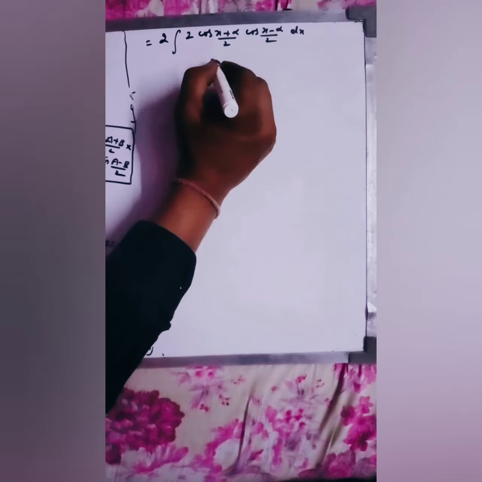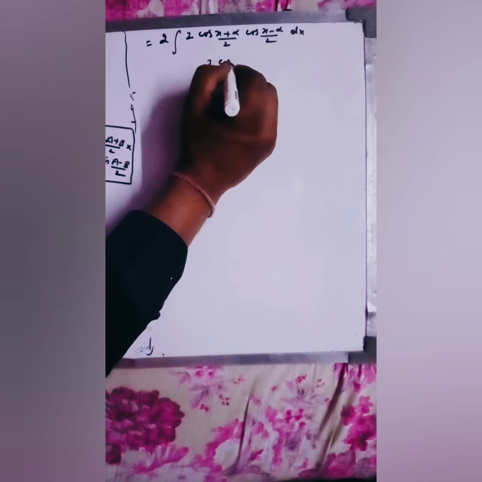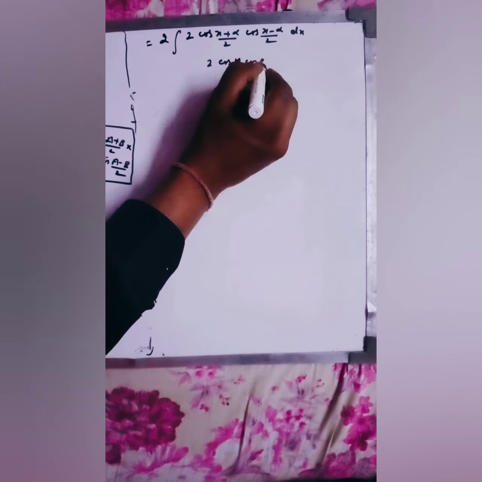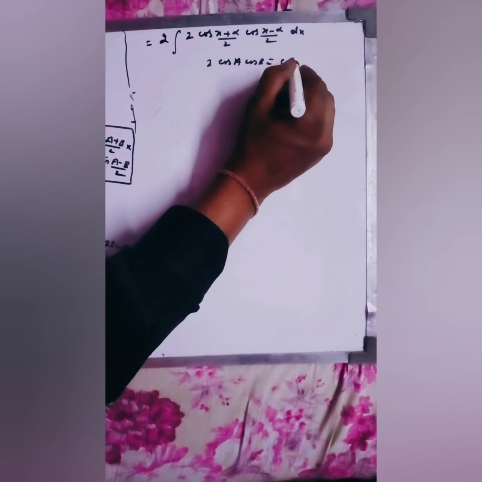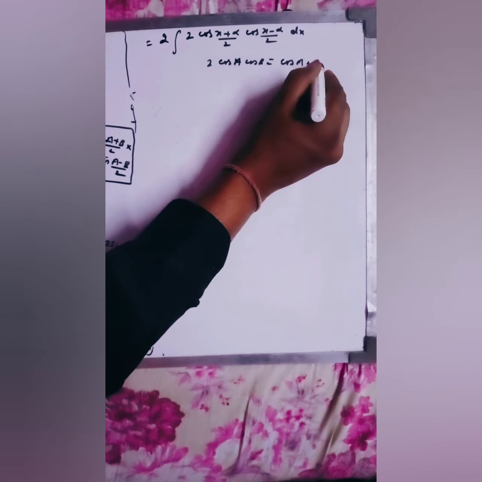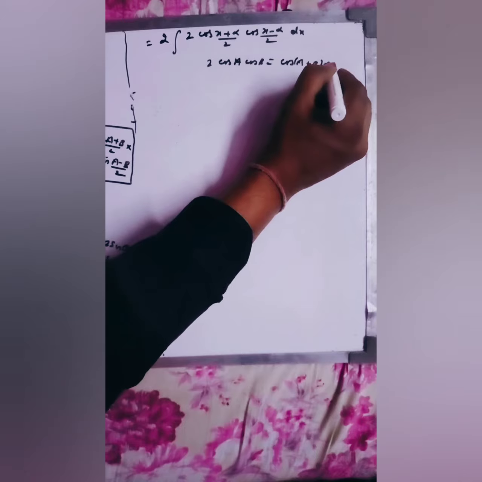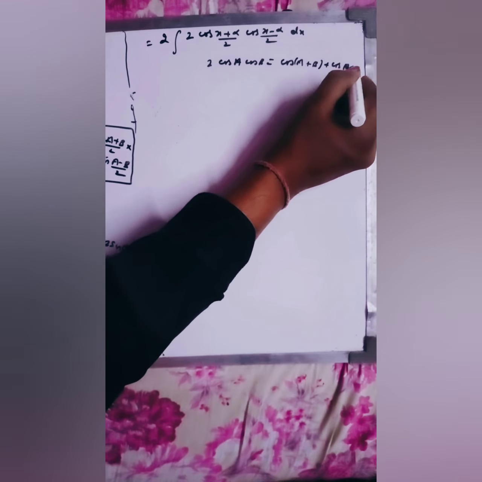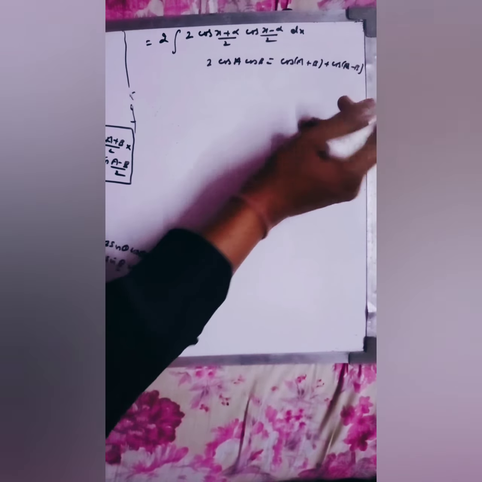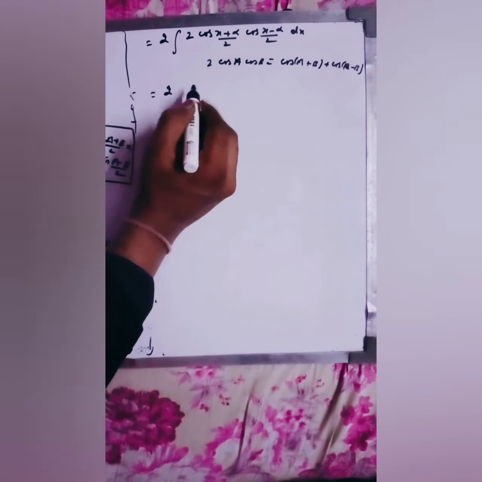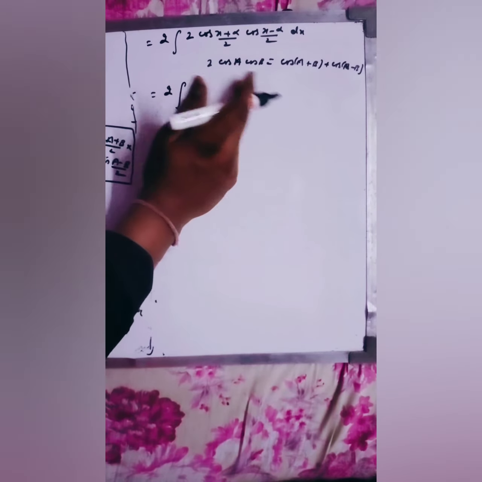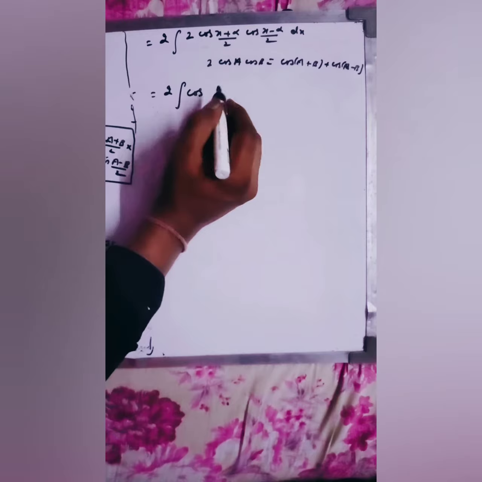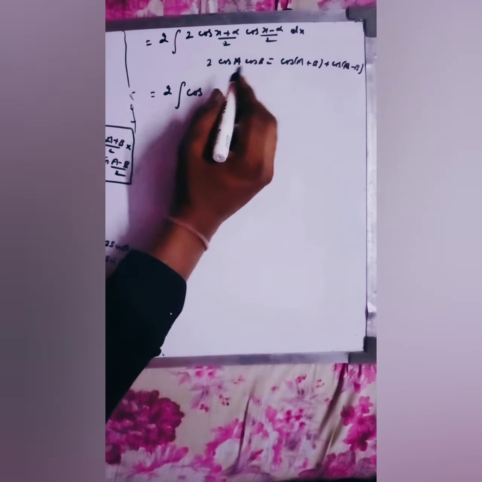The formula which you will use here is 2 cos A cos B, the formula is cos (A plus B) plus cos (A minus B). So apply this formula here, that is cos, your A is this, your B is this.